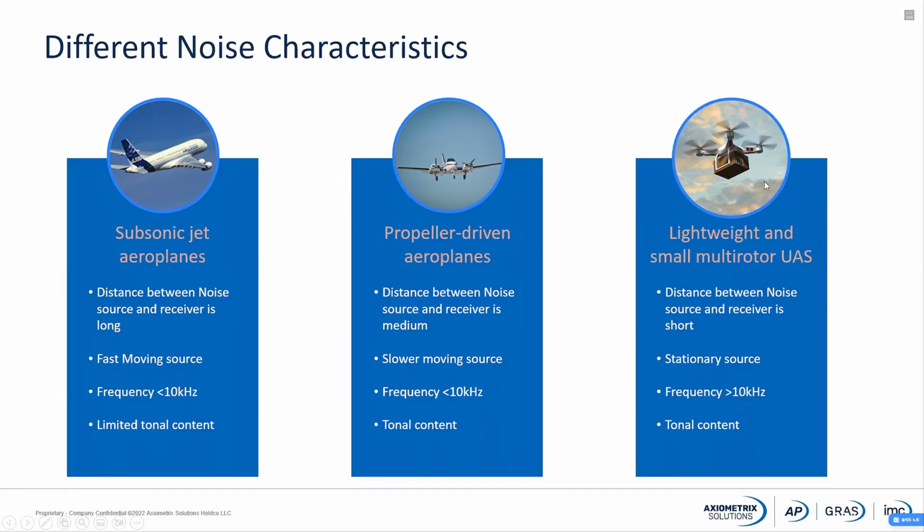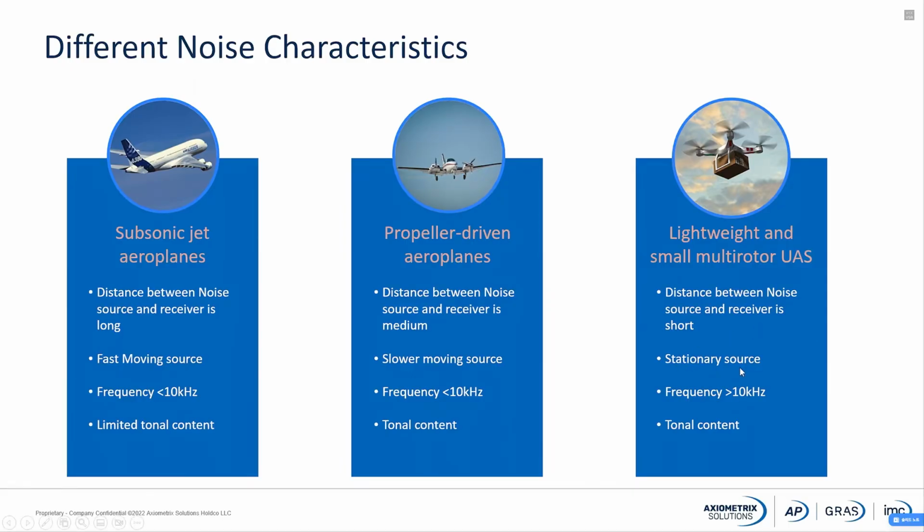When it comes to lightweight and small multi-rotor UAS, they have different characteristics. First of all, the distance between the noise source and the receiver is short. You could have a landing area on top of a rooftop, very close to the people living on the top floor of the house. So the distance is shorter, or very short in some cases.